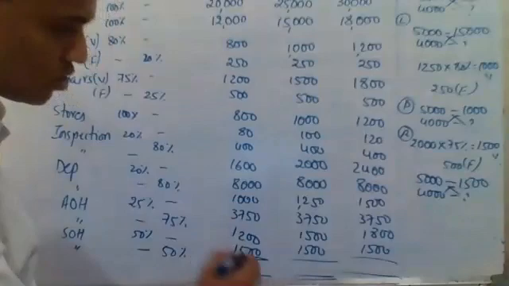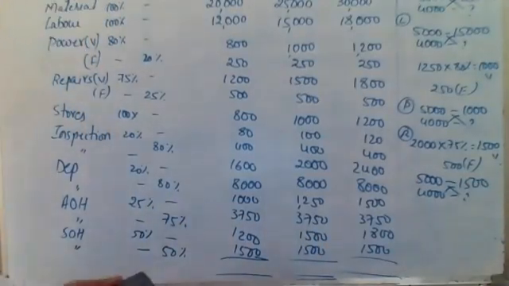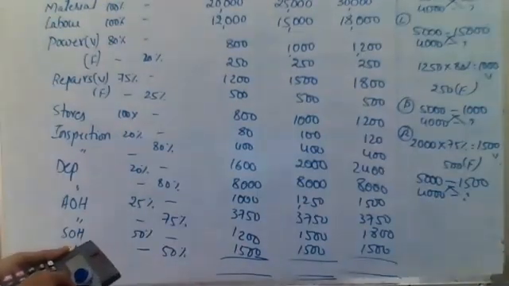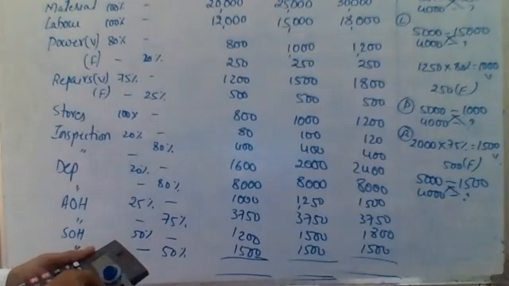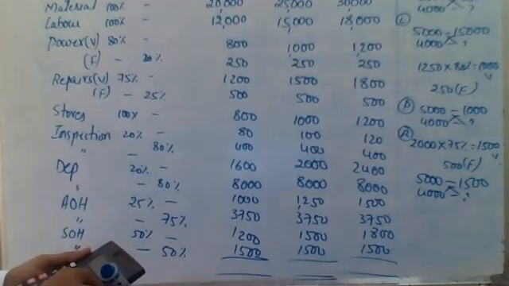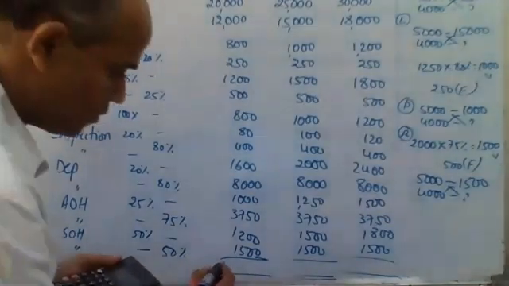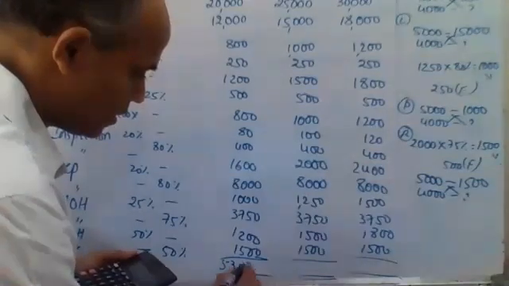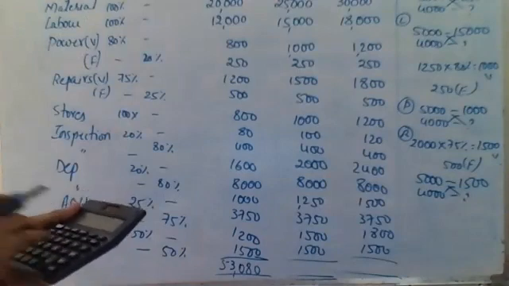Please check the totals. I think I missed something. 20, 12, 8, 250, 12, 4, 8, 80, 400, 1,600, 8,000, 1,000, 37. This is coming to 53,080.